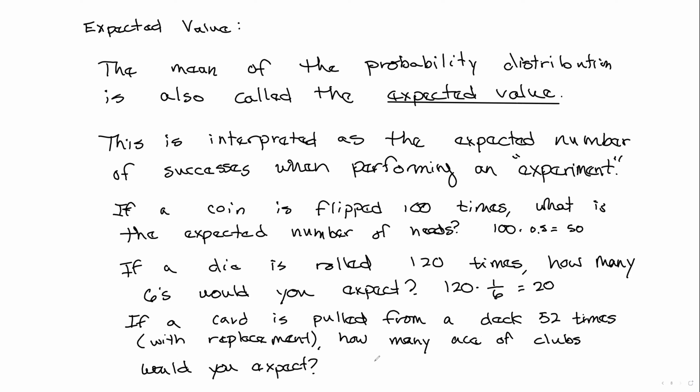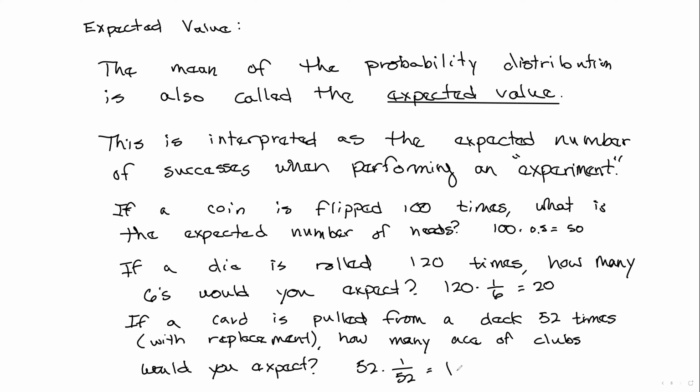Well, if you pull cards from a deck 52 times, and there is 1 ace of clubs out of 52, you would expect that you'd get the ace of clubs once. Now, does that mean you would get the ace of clubs once? No, that doesn't mean that. The whole point is, what would you expect would happen?